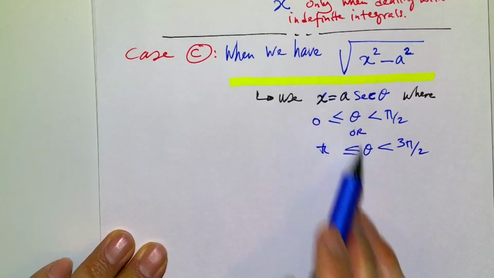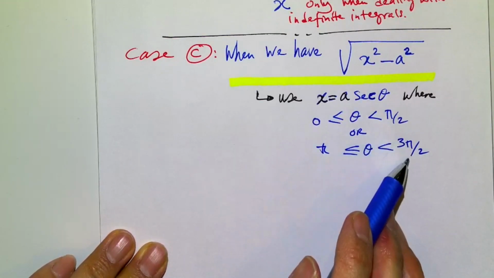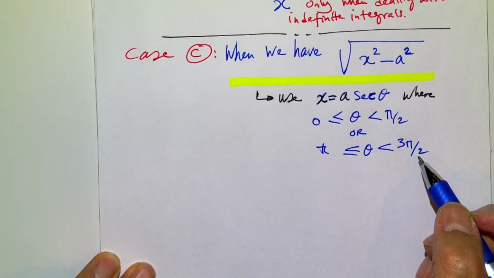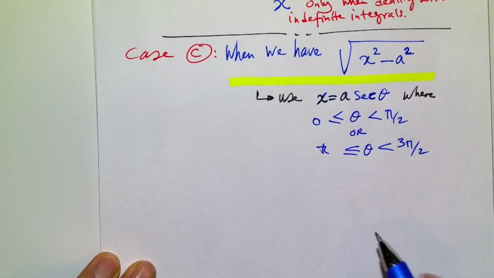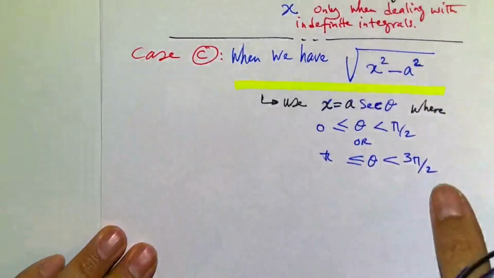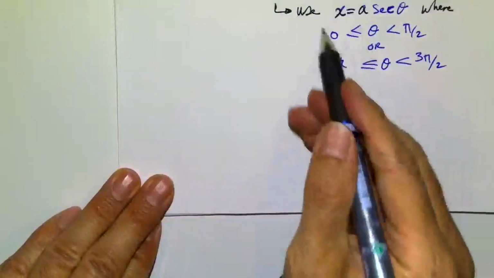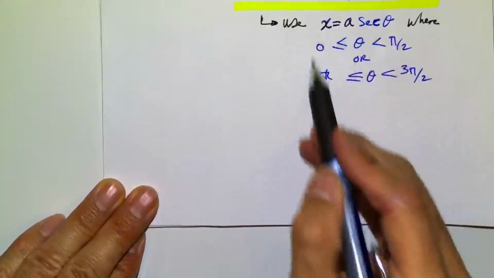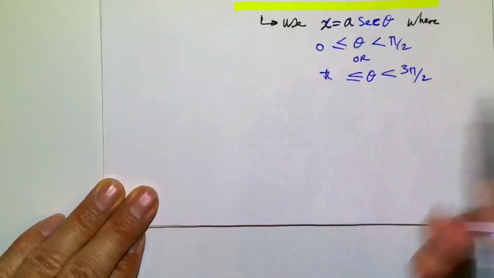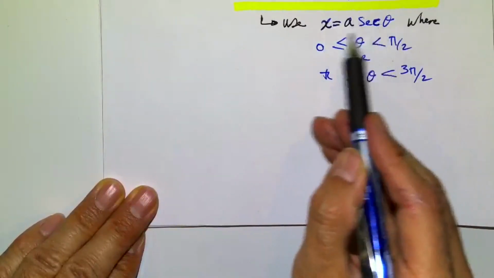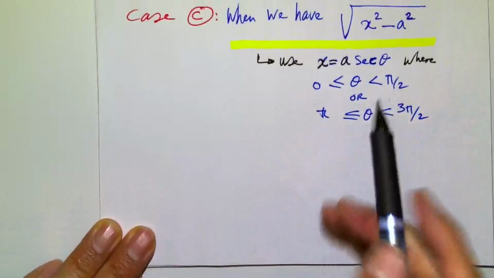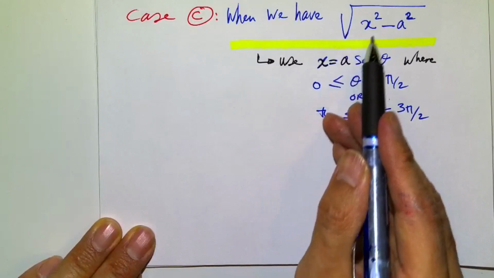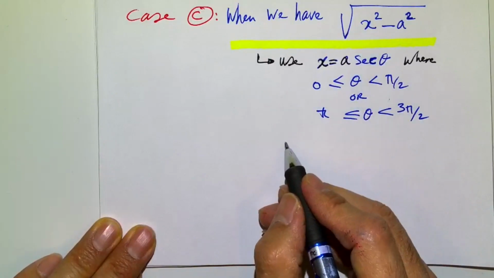So notice that theta cannot be either pi over 2 or 3 pi over 2, because that's when cosine theta is going to be 0 at those locations. And then from that, this is just a condition. This is in the background, but the main thing is what we're using to substitute for x.